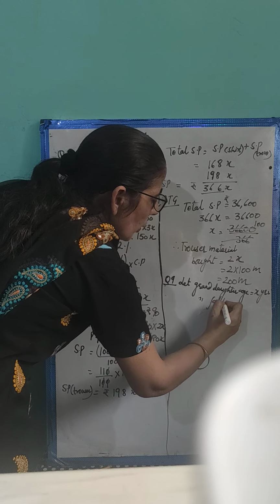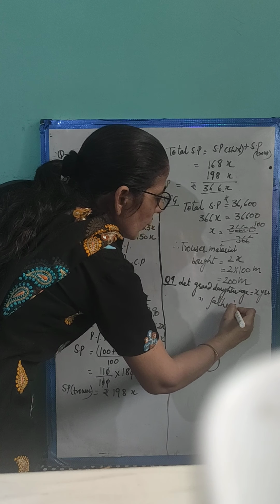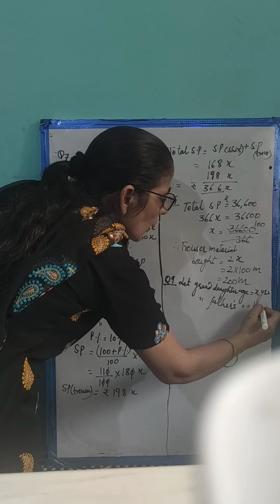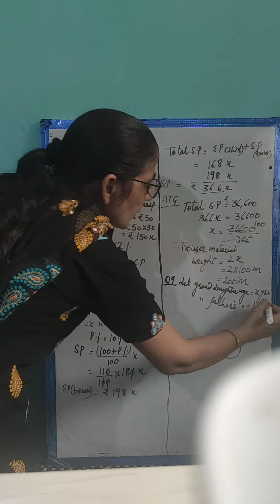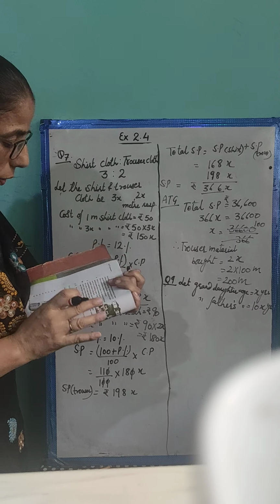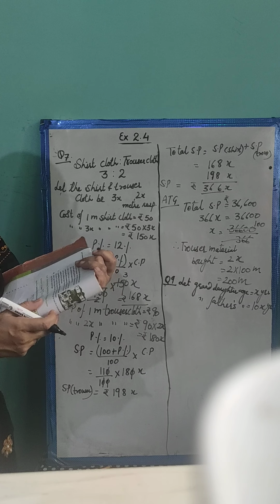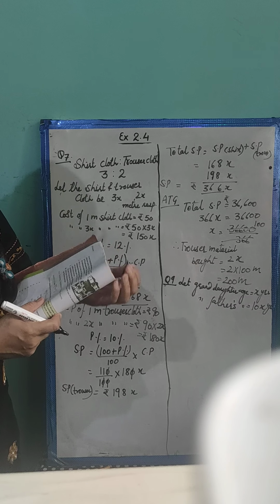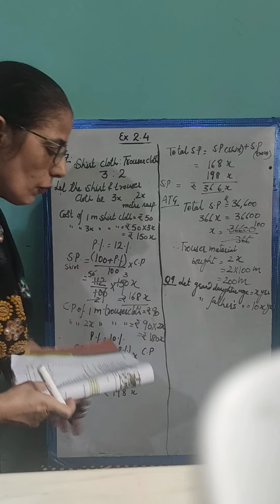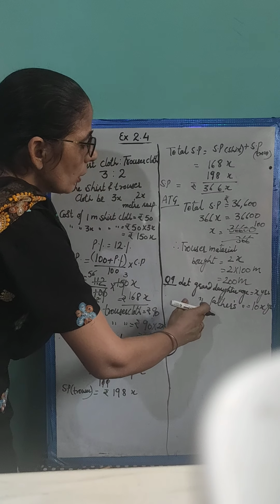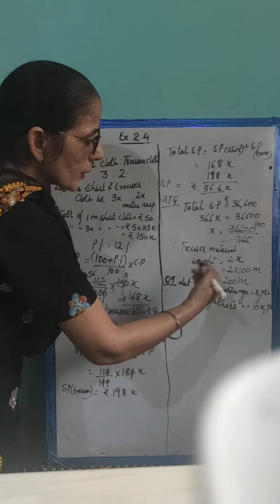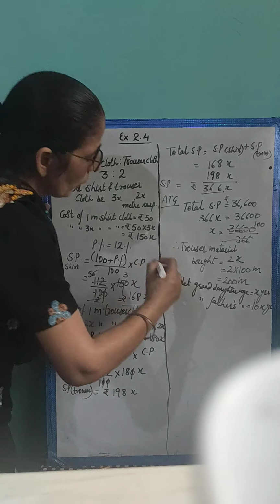Grandfather's age, because he is 10 times, will be 10x years. And also it is given that he is 54 years older than her. It means the difference of their ages will be 54, right? Or 10x is equal to x plus 54.